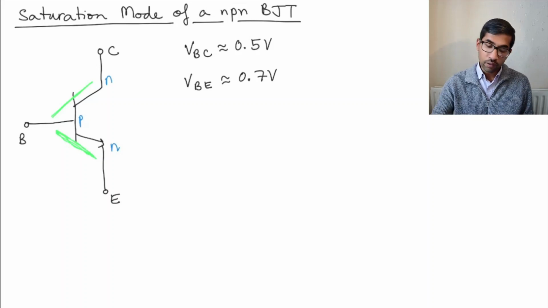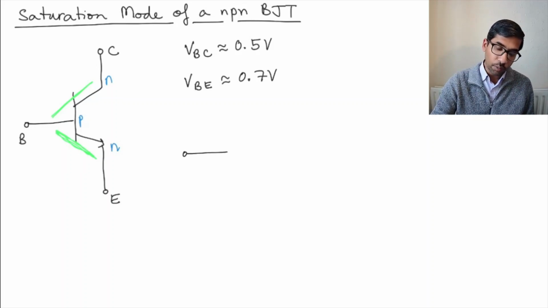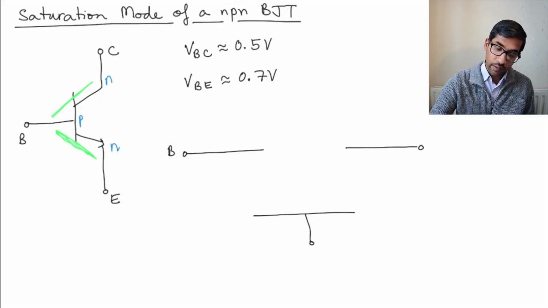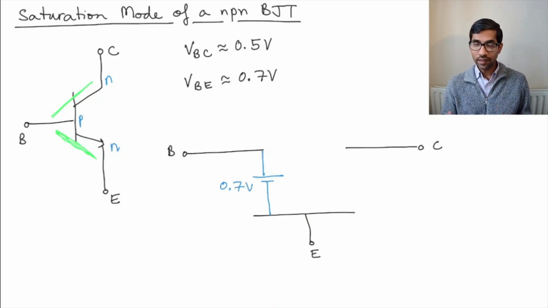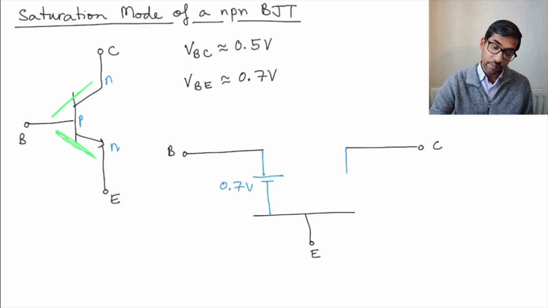Usually the way that you draw the model for a transistor in saturation is like this. You have the same three terminals: you write the base here, the collector, and the emitter. Between the base and the emitter, you have a 0.7 volt supply, and between the collector and the emitter you put a 0.2 volt supply.